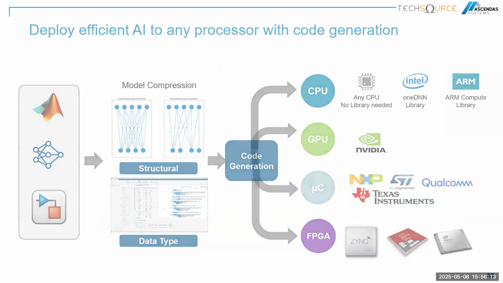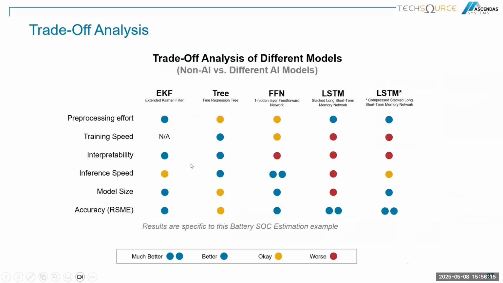There is a trade-off: you can use EKF, the traditional way like the Kalman filter, but the AI is more accurate. You need some effort, but we have many tools to help you with model compression. The model size will be about the same as the EKF, and the accuracy is better. Yes.